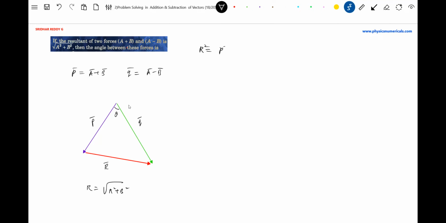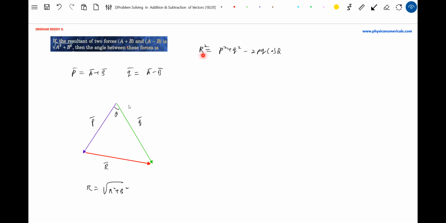R square equal to P square plus Q square minus 2PQ cos theta. This theta is what is needed. Theta is the angle between the vectors.